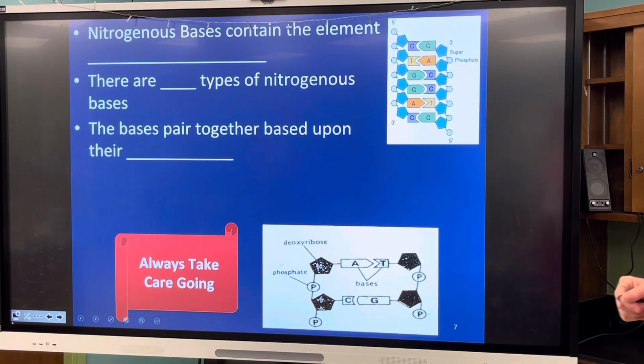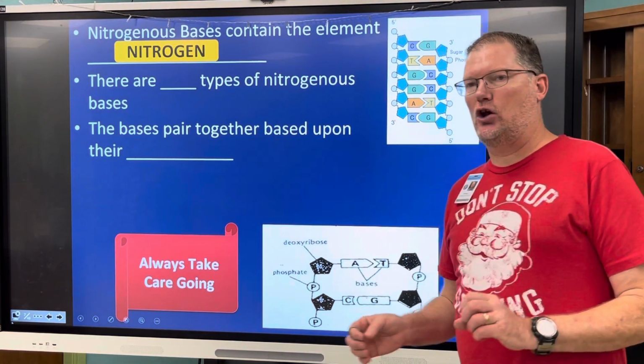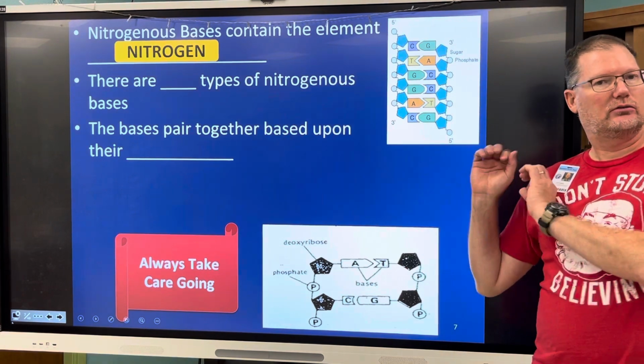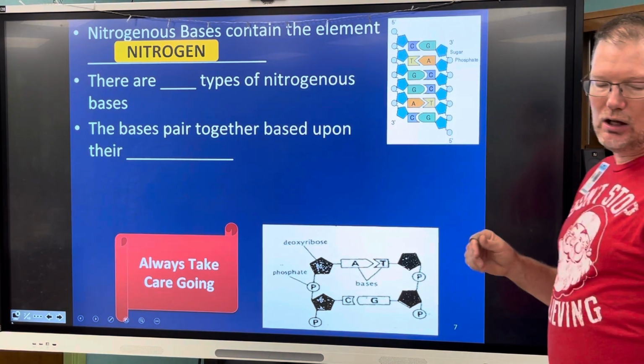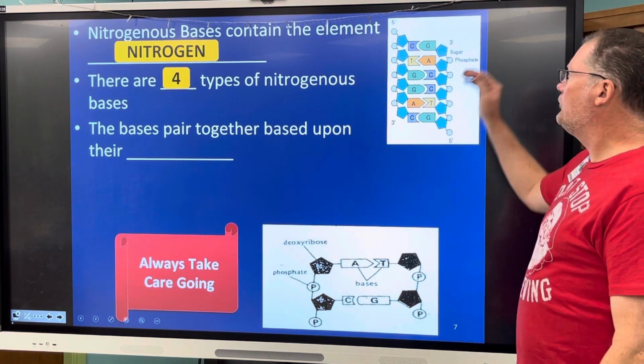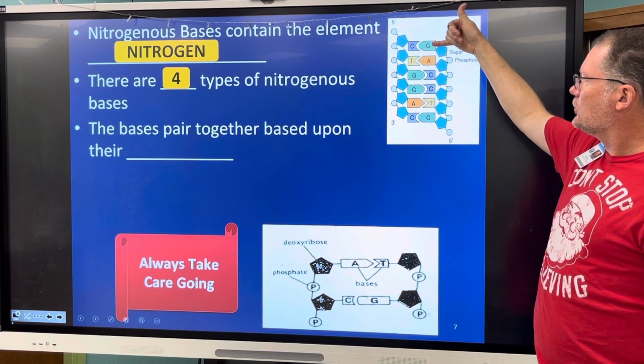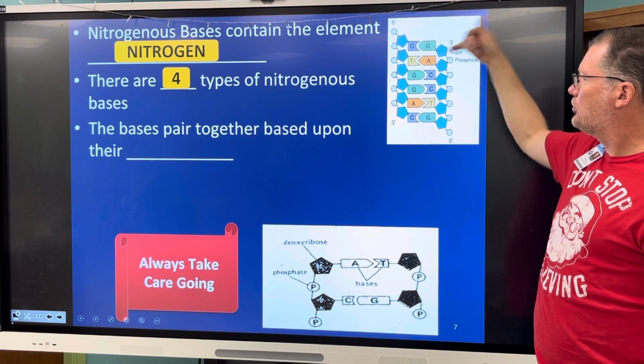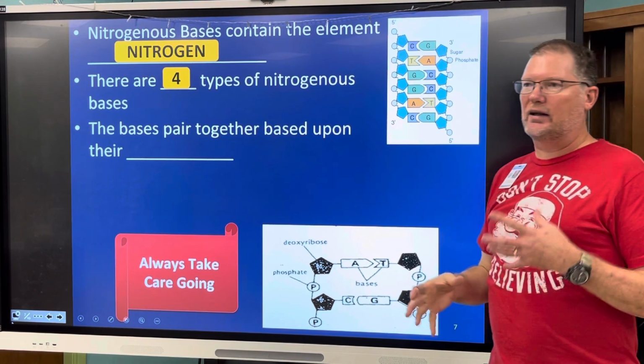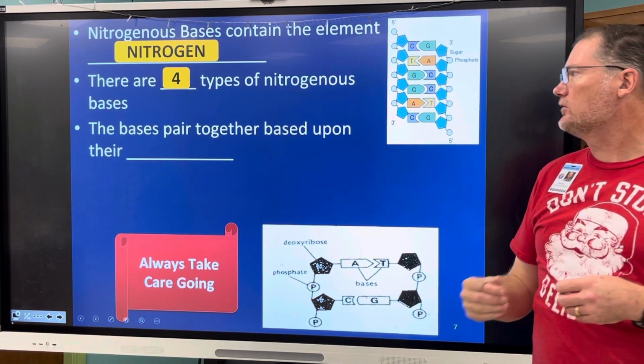So nitrogenous bases contain the element nitrogen. Hello, nitrogenous, okay? And there are 4 types of bases. You can see the different colors here. There's green, orange, yellow, and purple, each corresponding to a different nitrogenous base.